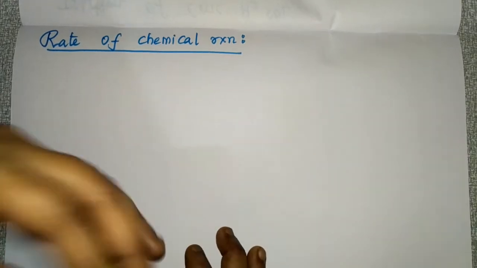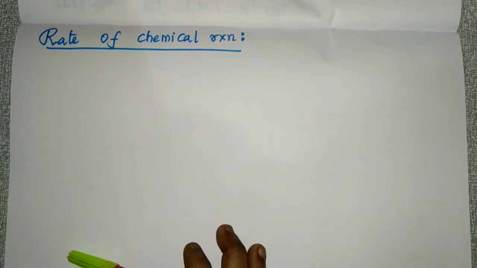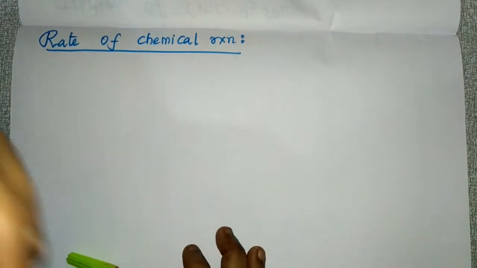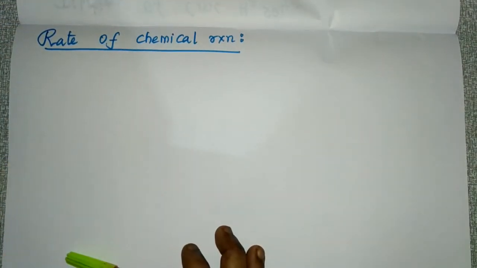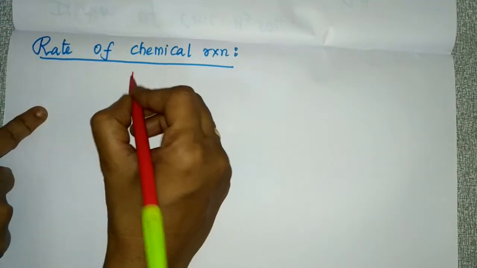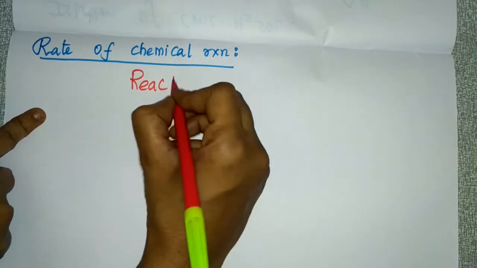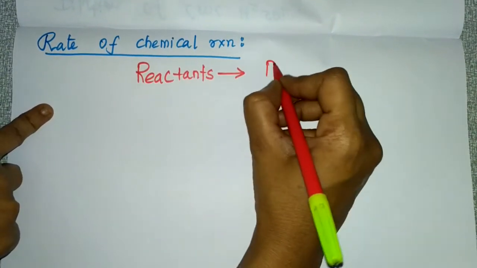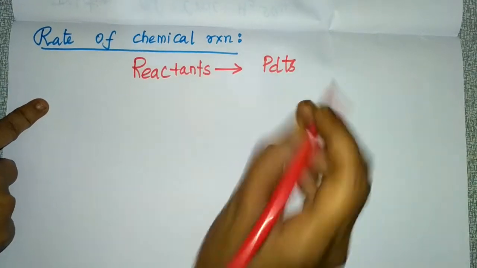In this video, we are going to see rate of chemical reaction. As I told you in the previous video, we'll continue with the rate of chemical reaction. See, in this, reactants give you products.